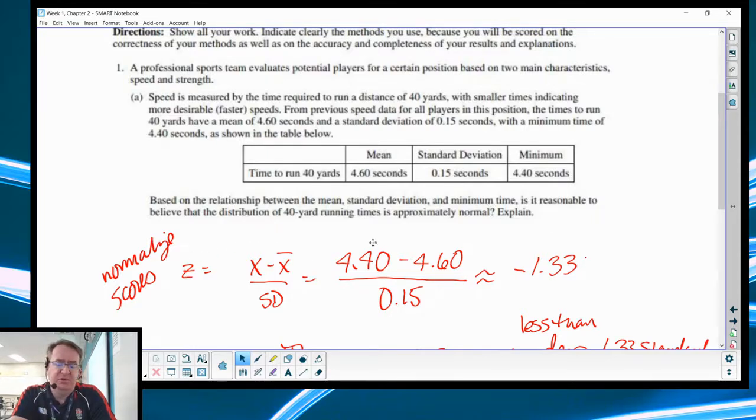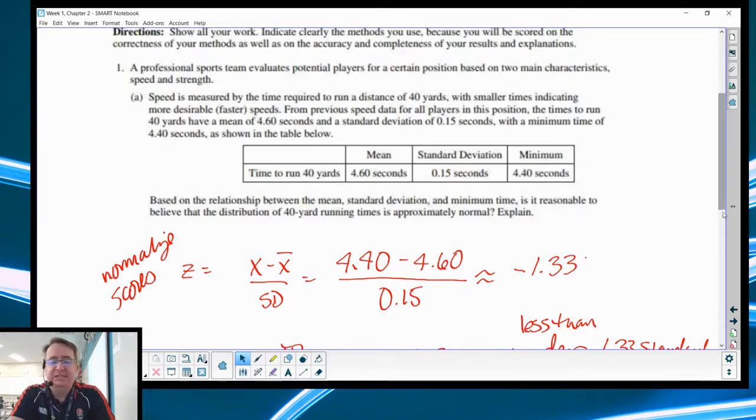If I type this in, I get a negative 1.33 for my z-score. That's the minimum, okay? So now our minimum value is only 1.3 standard deviations away. You can say that a whole bunch of different ways, but it's obviously not normal if that's where the minimum is.